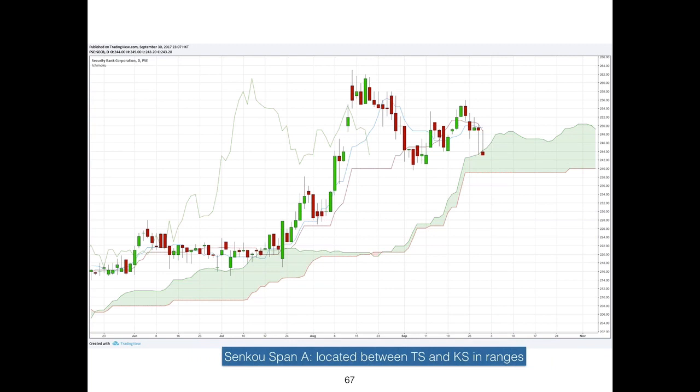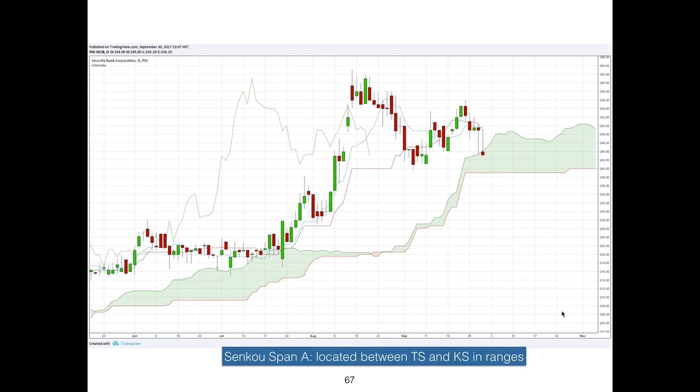So this is another way of measuring equilibrium, and the Senkou Span A also shows you the volatility of the market. So, like I said earlier, it is an equilibrium of equilibriums.